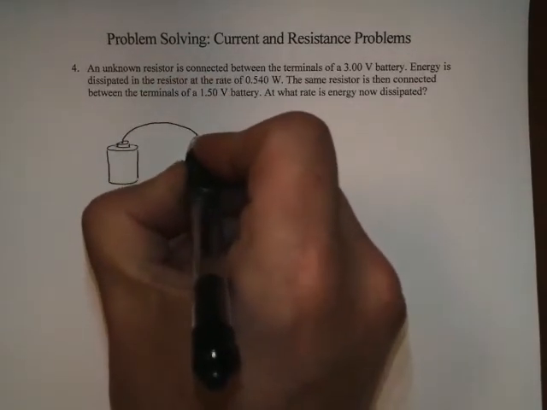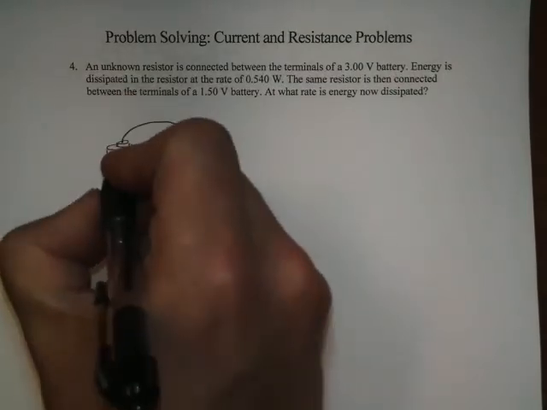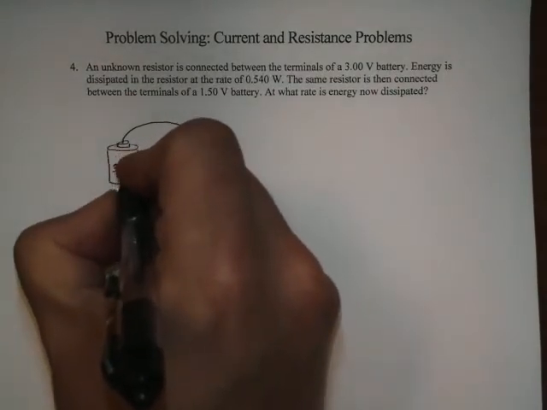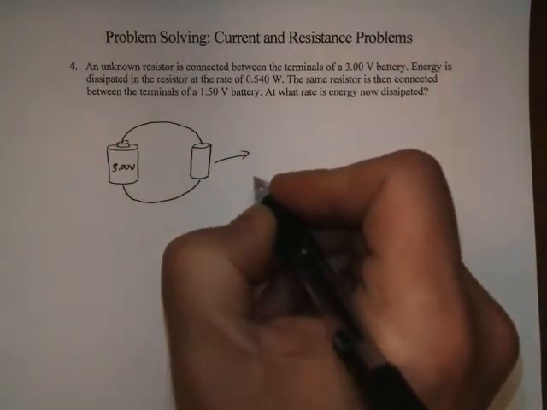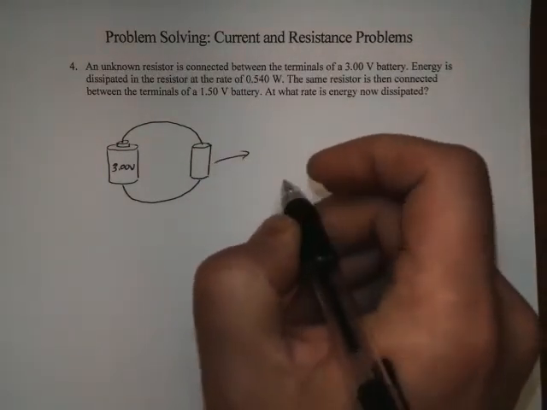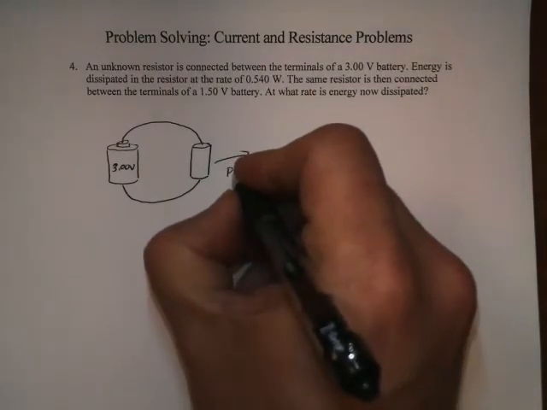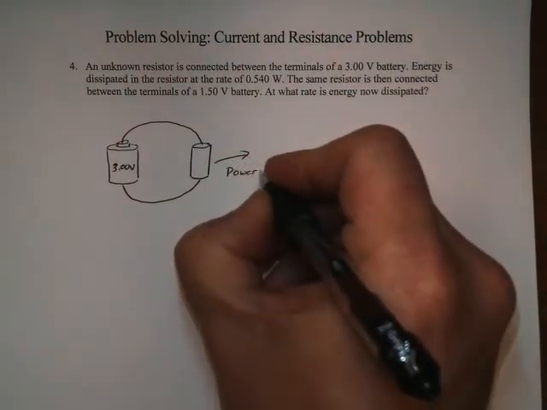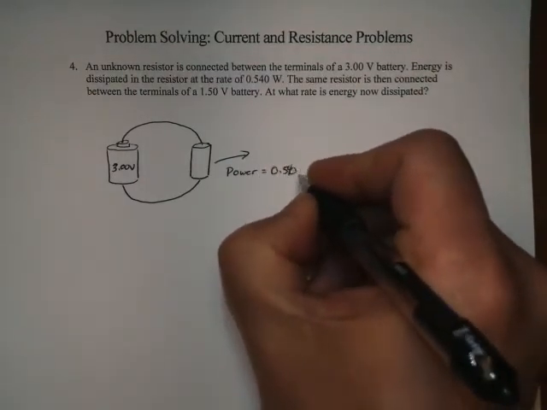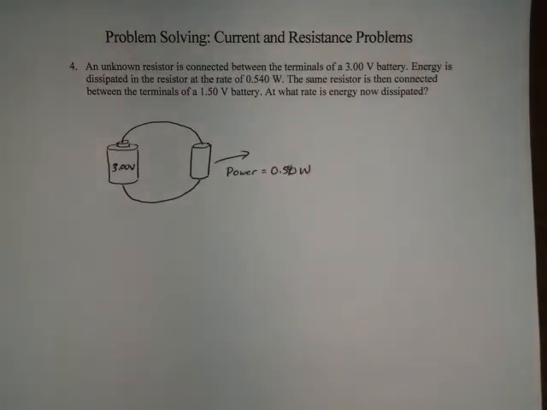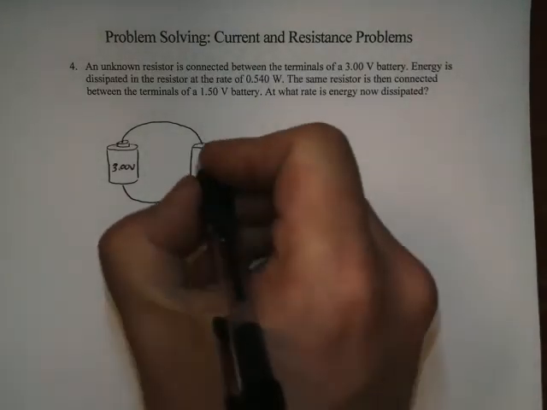So in scenario 1, my battery was 3 volts, and energy was leaving the resistor in the form of heat at a rate of 0.540 watts.